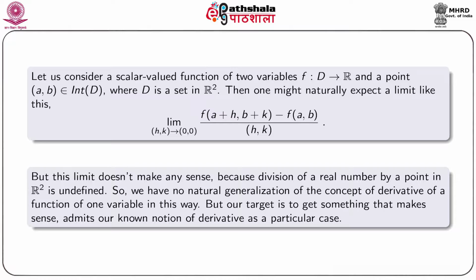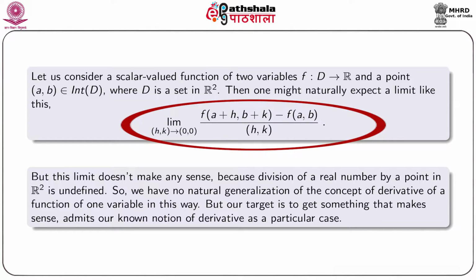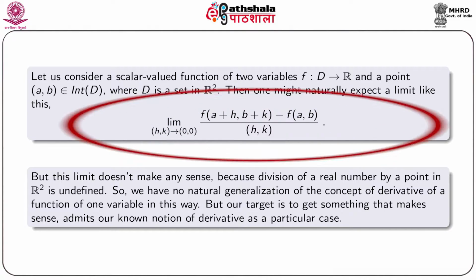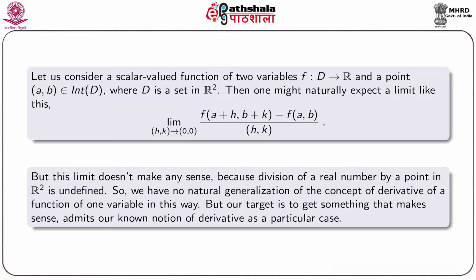We give an increment (h, k) to the vector (a, b). So, (a, b) goes to (a plus h, b plus k). Then the change in the function is f of (a plus h, b plus k) minus f of (a, b). Like the previous case, we write f of (a plus h, b plus k) minus f of (a, b) divided by (h, k) and try to find its limit as (h, k) approaches the origin.